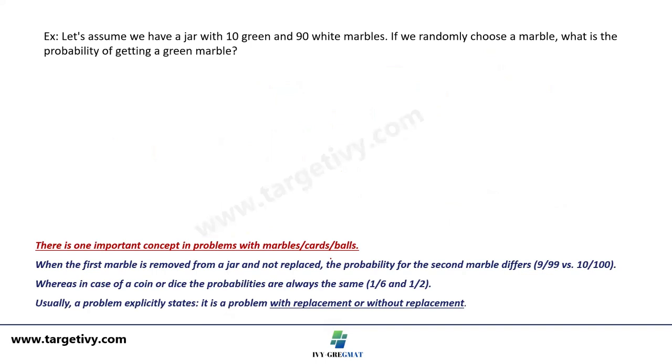Now let's complicate it a bit more. Let's assume that we have a jar of 10 green and 90 white marbles. If we randomly choose a marble, what is the probability of getting a green marble? Here N, the total number of possible outcomes, is equal to the total number of marbles, that is 10 green marbles plus 90 white marbles. That makes it 100.